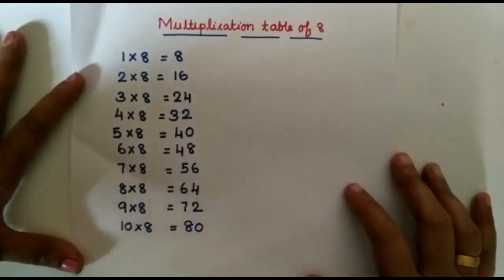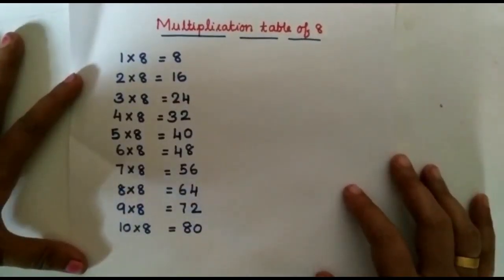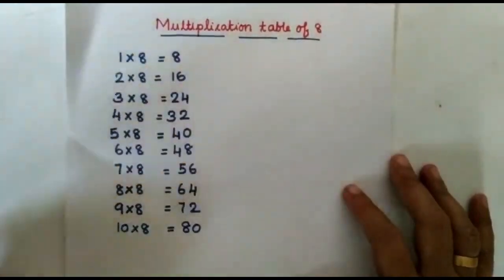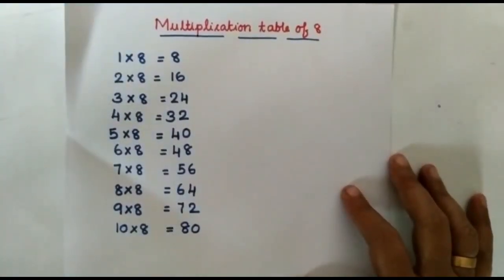Now we are going to study the multiplication table of 8. 1 8 is 8, 2 8s are 16, 3 8s are 24, 4 8s are 32, 5 8s are 40, 6 8s are 48, 7 8s are 56, 8 8s are 64, 9 8s are 72, 10 8s are 80.